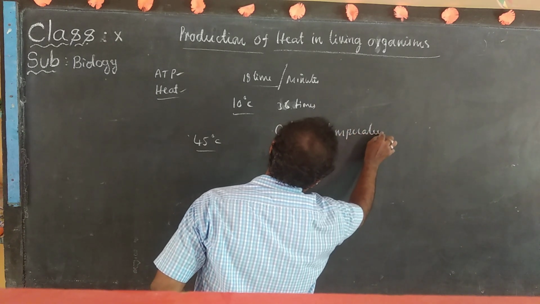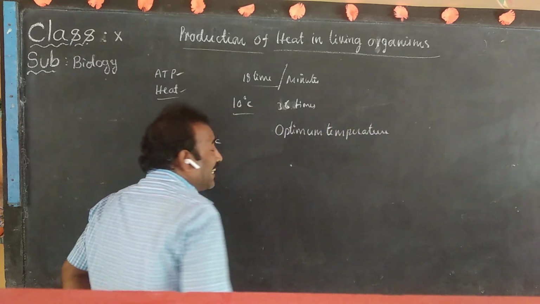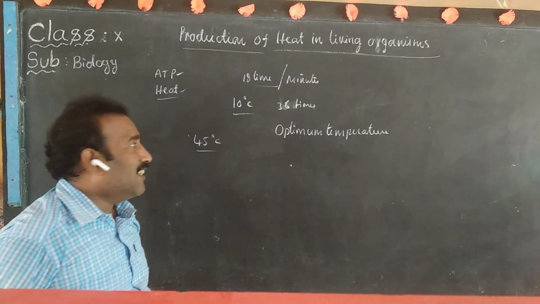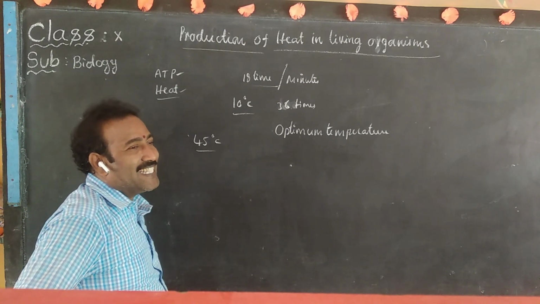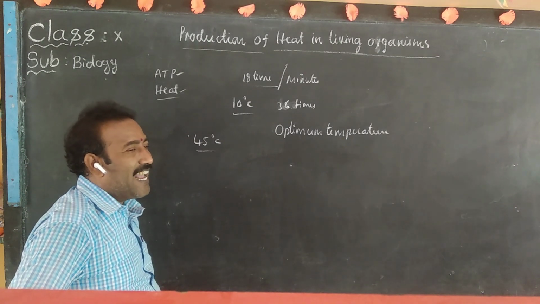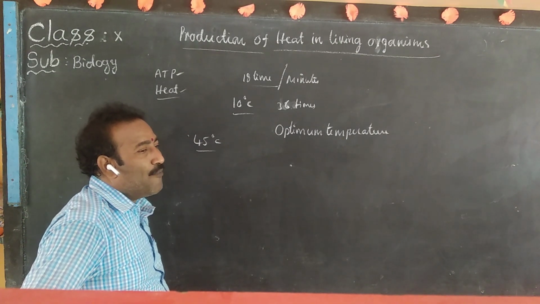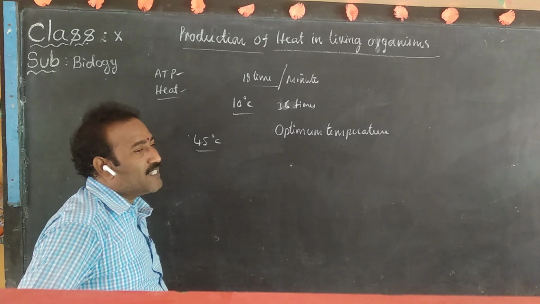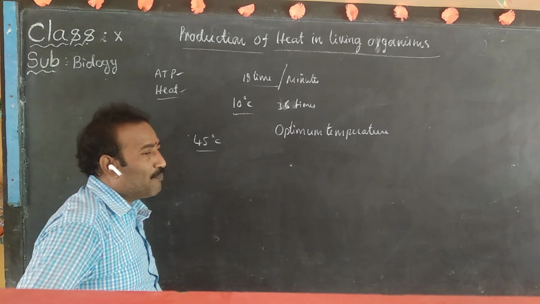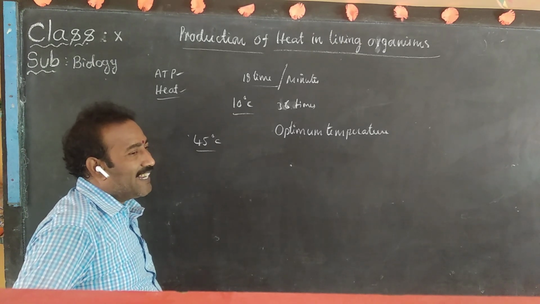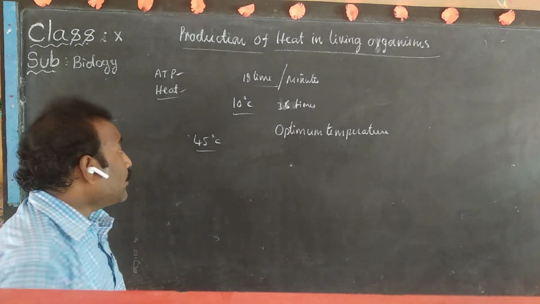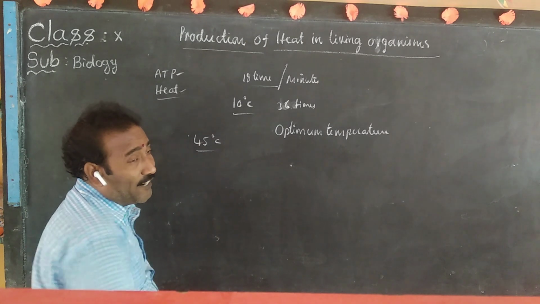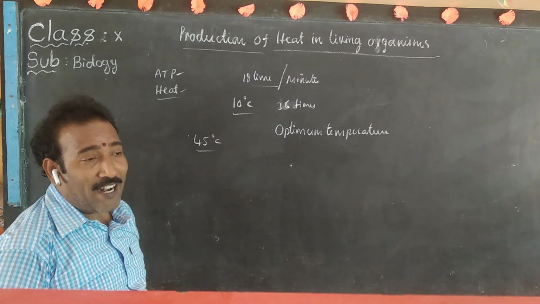What is the optimum temperature? The temperature at which the rate of all the metabolic processes is maximum. That is called the optimum temperature.